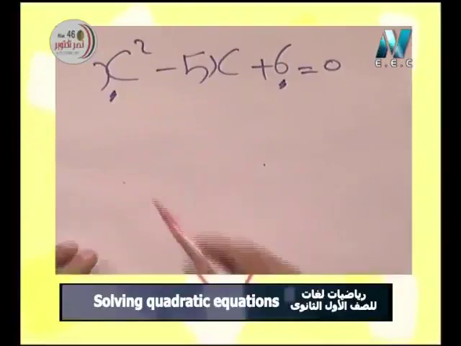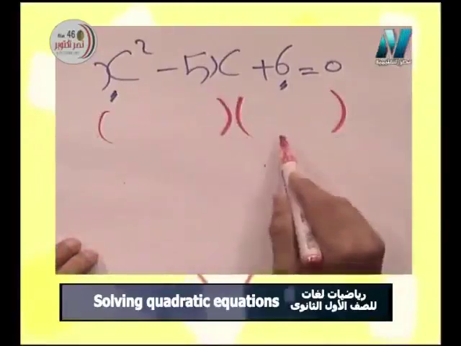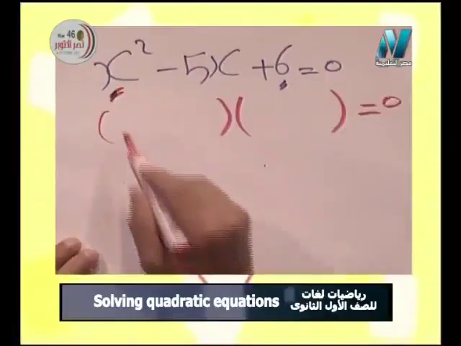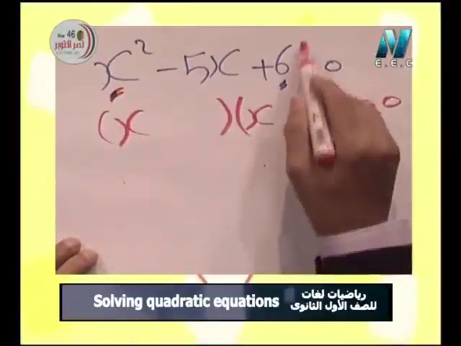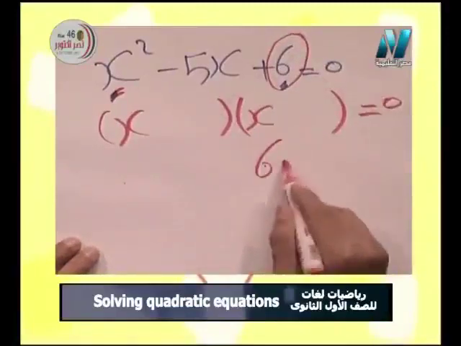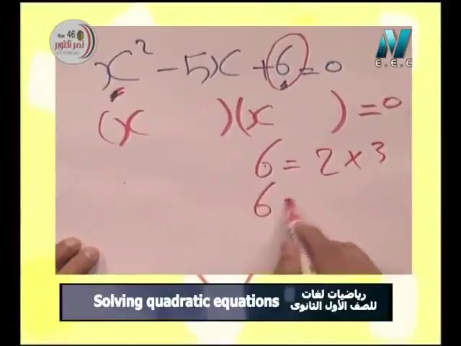We have two brackets here and their multiplication equals 0. We factorize x, it will be x and x. And we will try to factorize 6. In fact, 6 equals 2 times 3, or 6 equals 6 times 1.